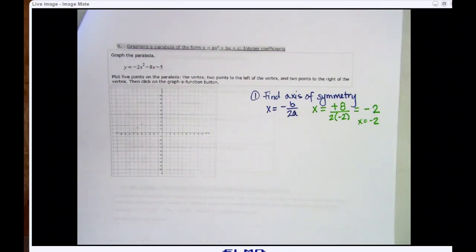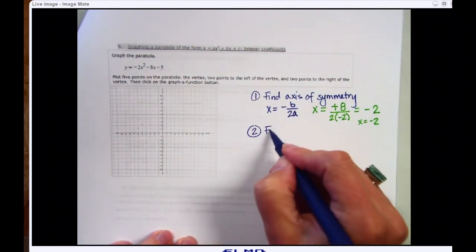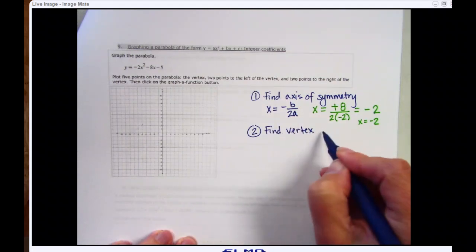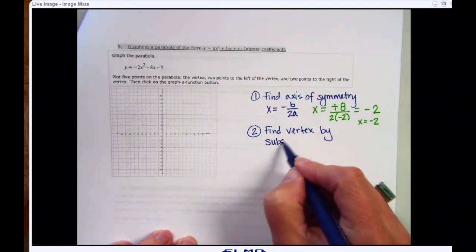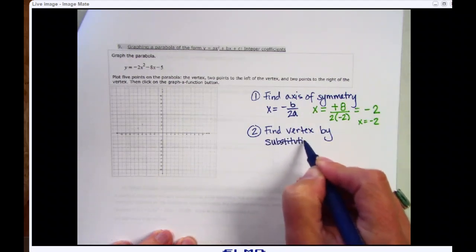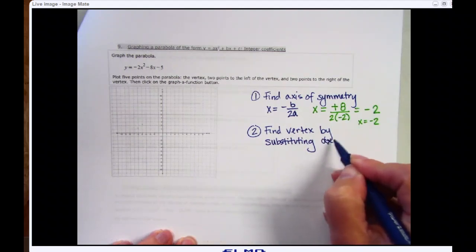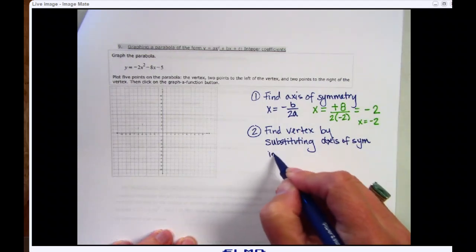The reason we find that is so now we can find the vertex. We do need to be able to plot the vertex. So find the vertex by substituting the axis of symmetry value into our function.